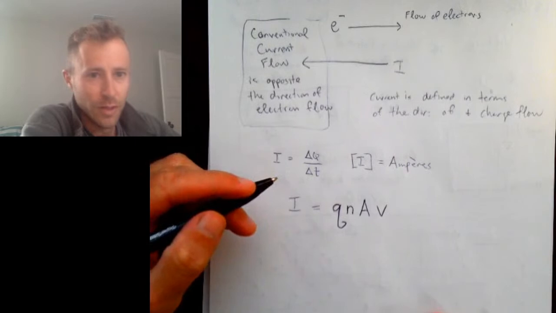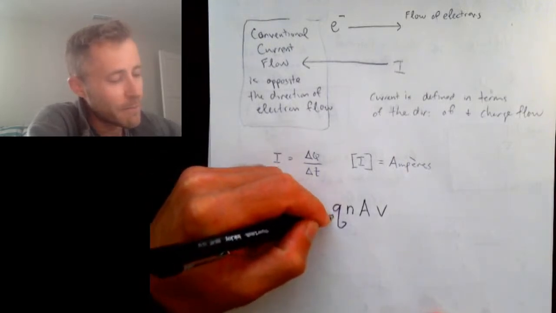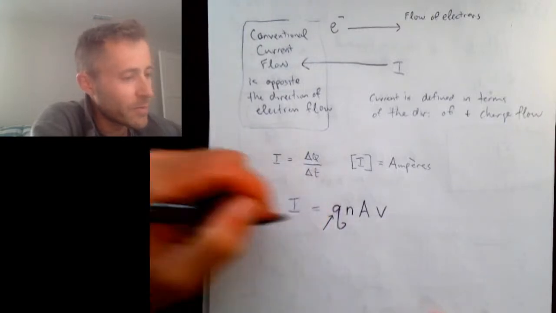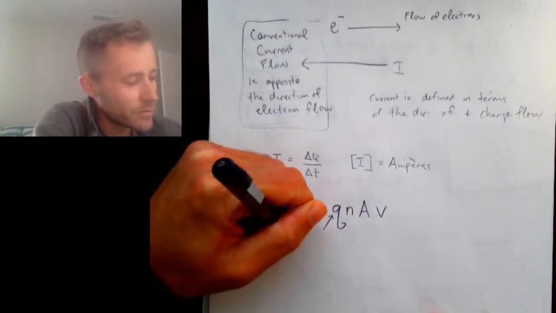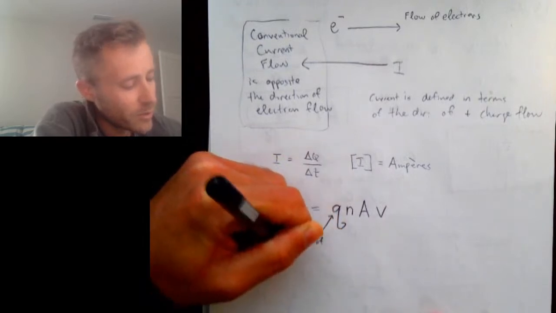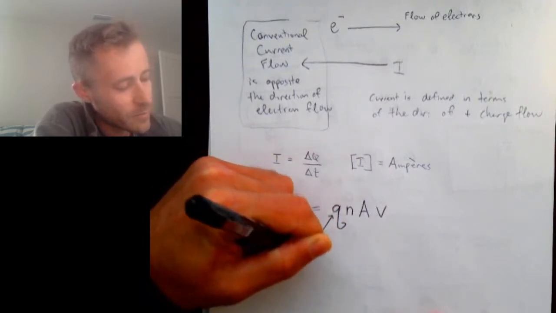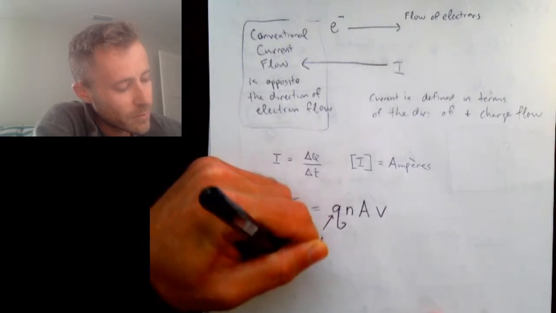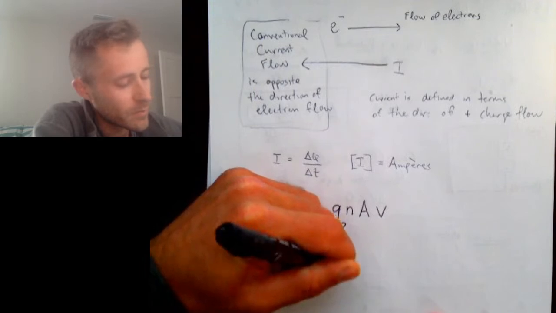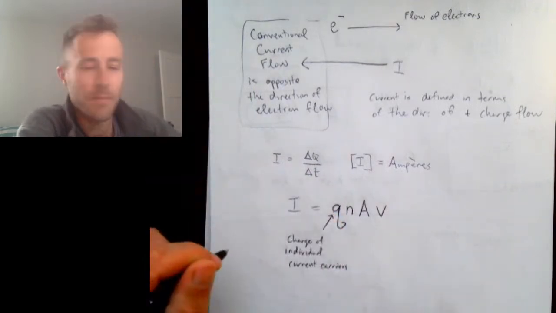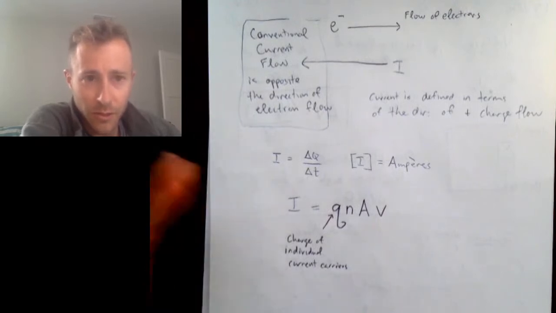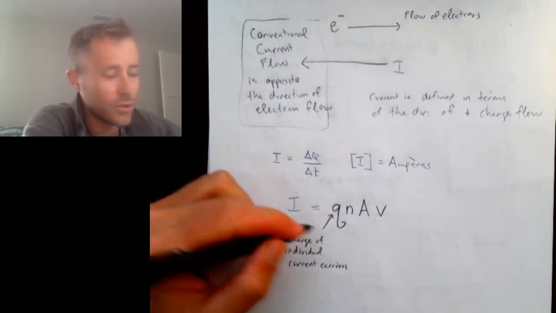So what is this? Q is the charge of the individual current carriers. Okay, so in the case of an electron, it would just be the charge of an electron.